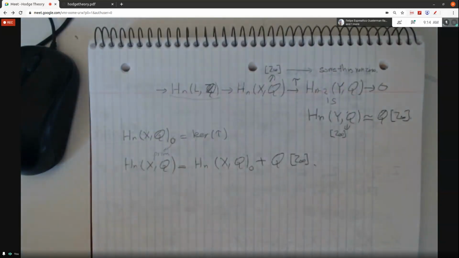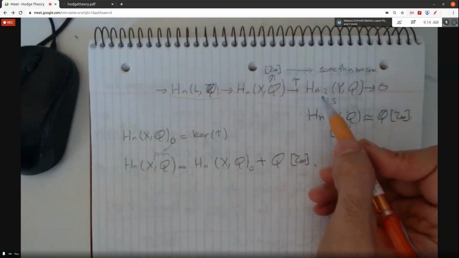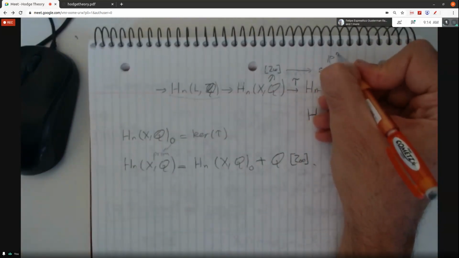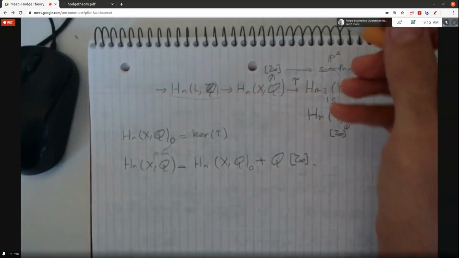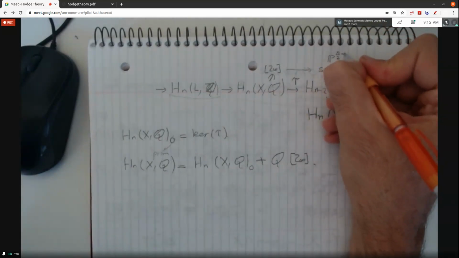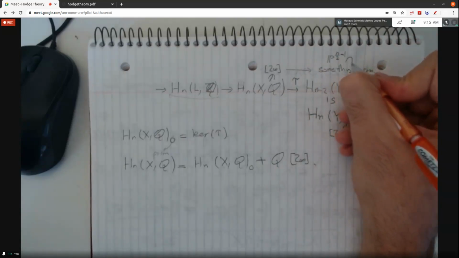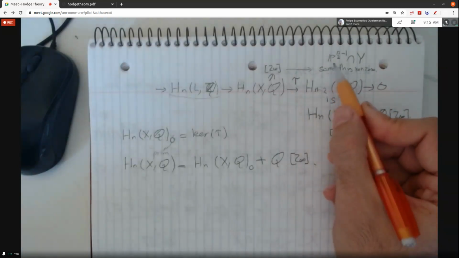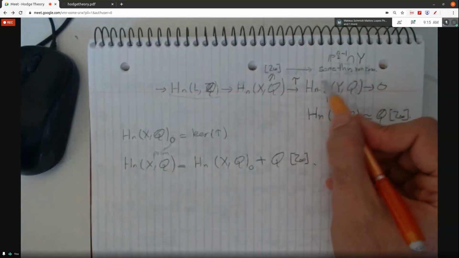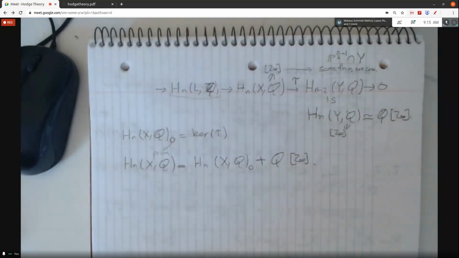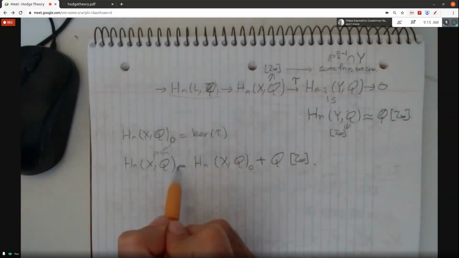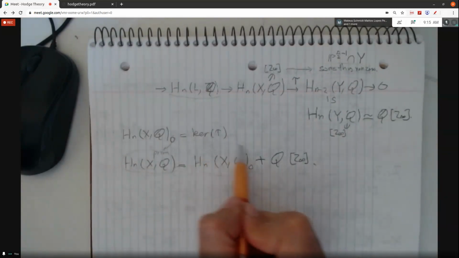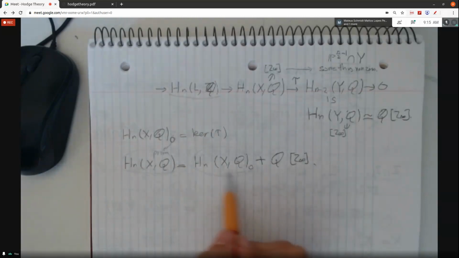If we make a P^{n-1} intersected with Y, which again is the generator of this guy. Anyway, at the end of the day, if we are interested in understanding Hodge cycles here, we just need to understand the Hodge cycles here in the primitive part.